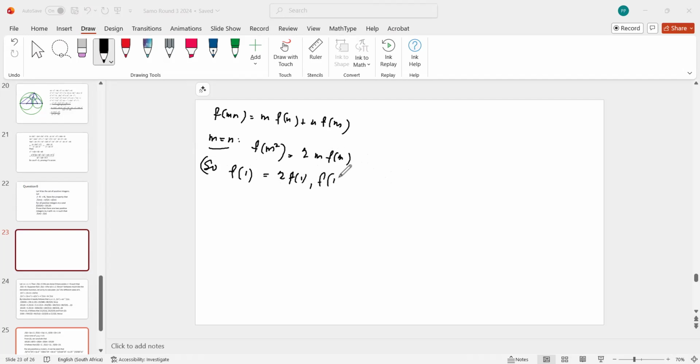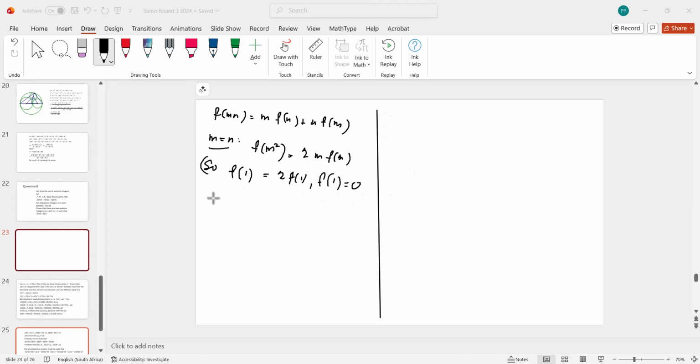So it means f of 1 is 0. Okay, so we have one other value, f of 1. But observe, we don't want to find f. We just want to find out whether there are two different numbers which have the same output. So we've got f of 1 is 0.